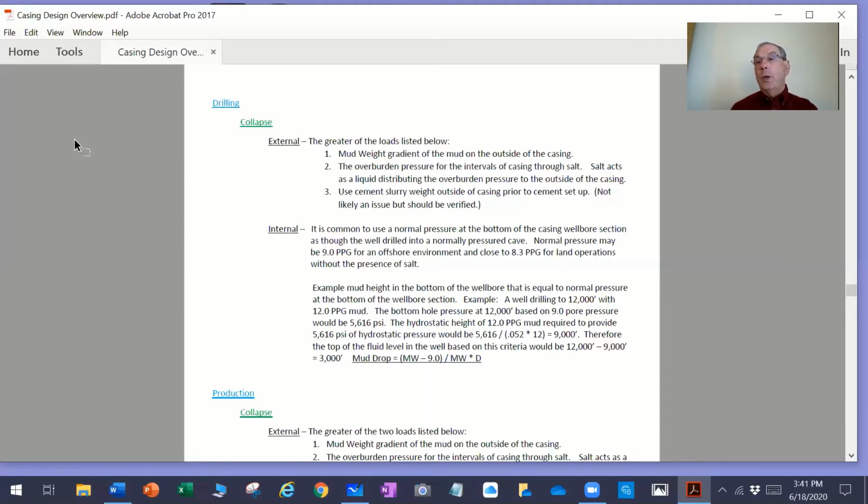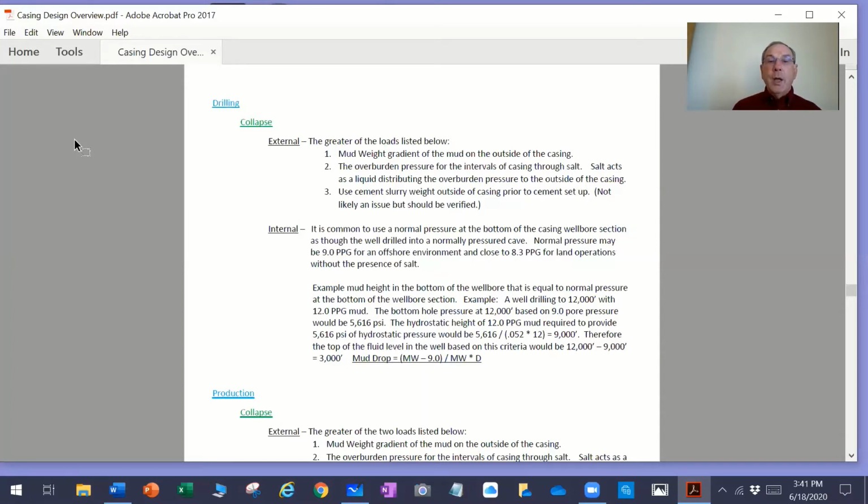So you could do an extreme cement job where you mixed 18-pound cement on the outside of a casing and you displaced the cement with fresh water and you ended up with a real large differential for some reason. I have never seen it be an issue on any of the wells that I executed, but it's something that needs to be checked to make sure there are no exceptions.